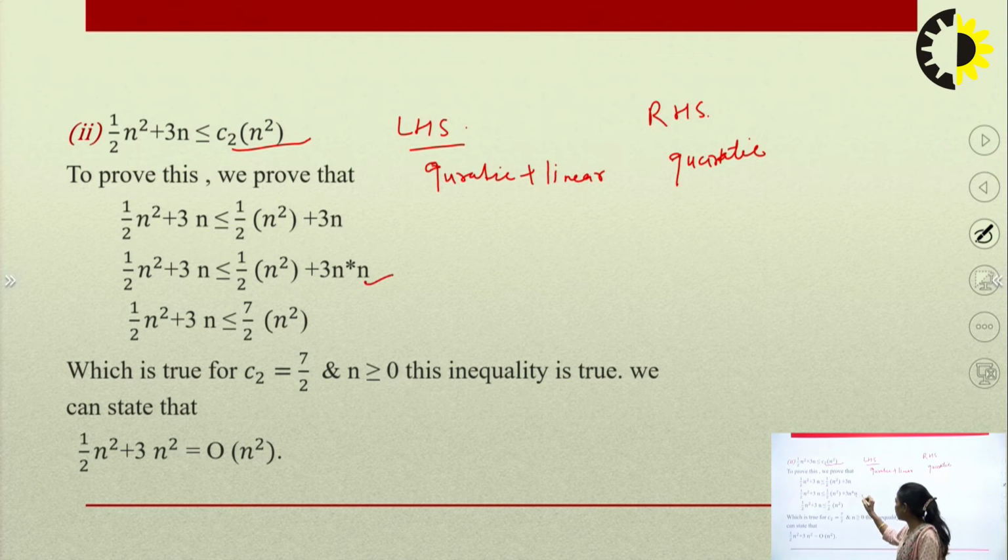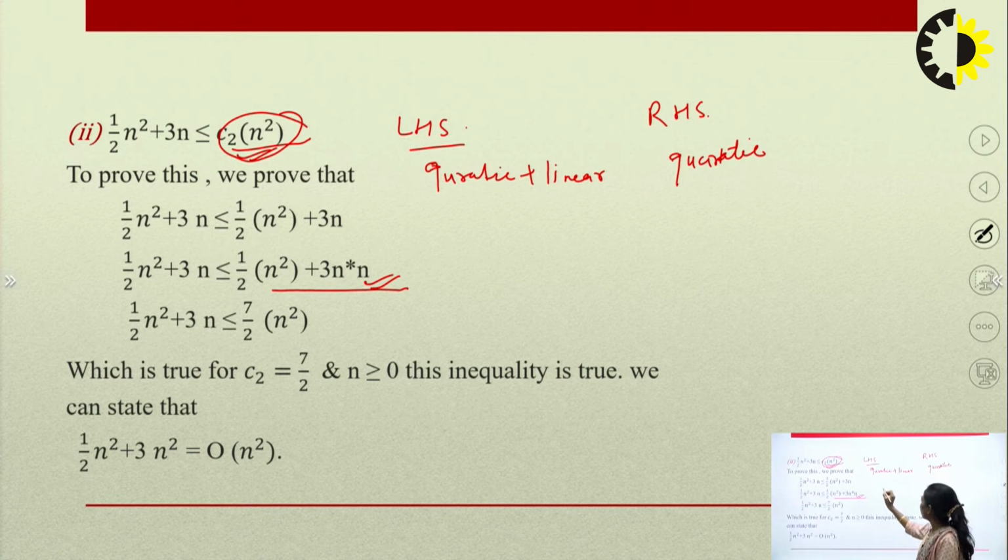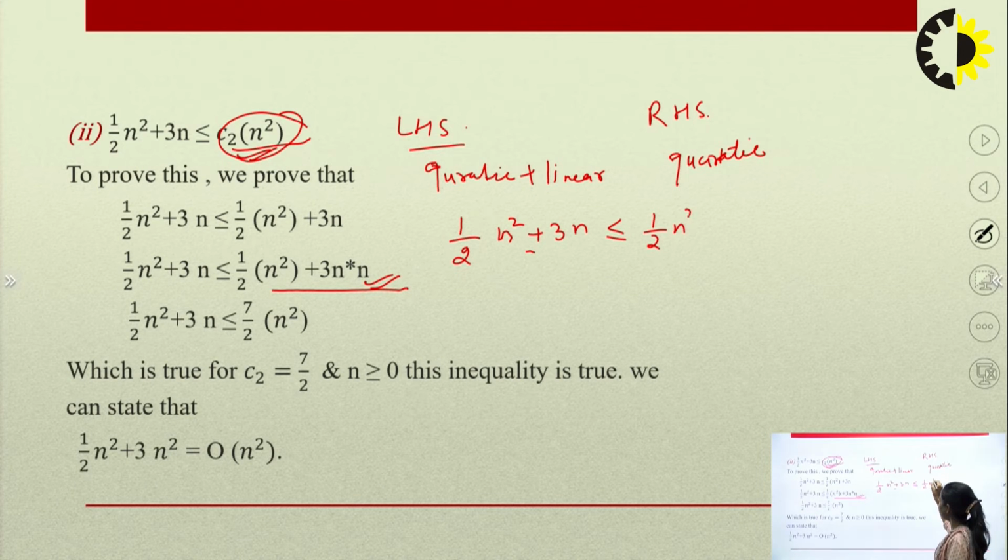Why is it required? It is required because in the inequality, the right hand part is a totally quadratic equation. So we make the right hand side a quadratic equation. So what we do: 1 by half n square plus 3n is less than or equal to 1 by half n square plus 3n multiplied by n.